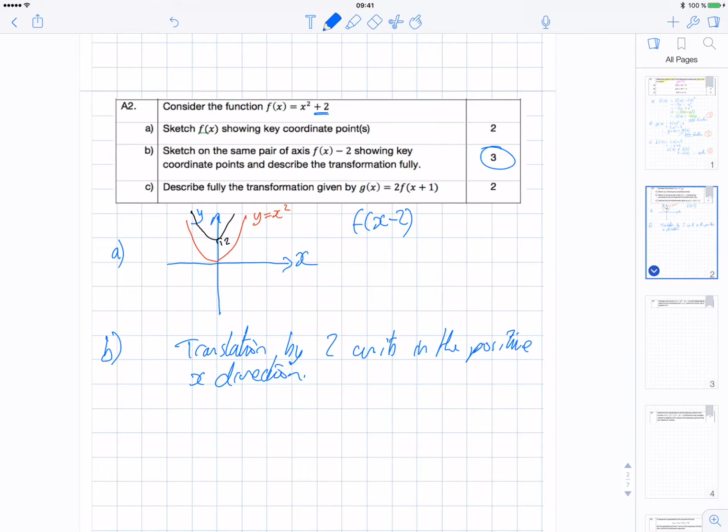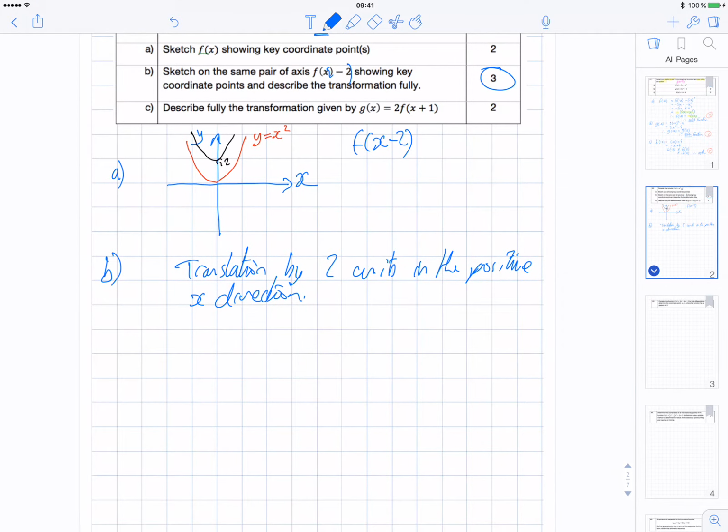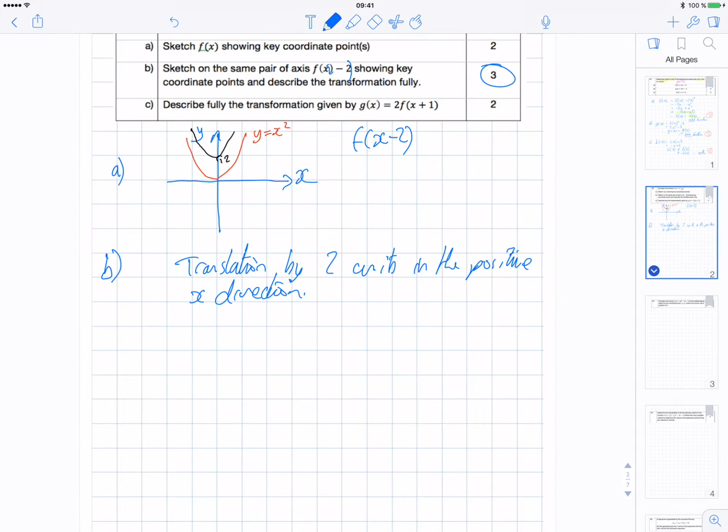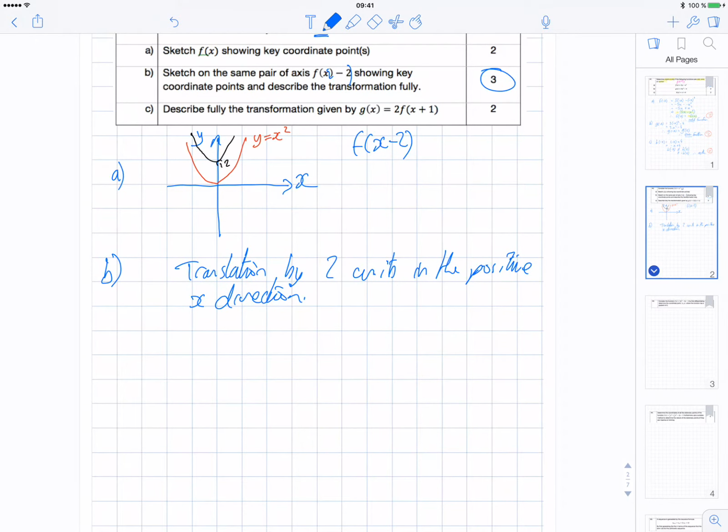I just had the bracket in the wrong place. The bracket should have gone there rather than there. I'm going to take this into account when I'm marking your paper, okay? It's meant to be on the same axis, and we should have x minus 2, so it's going to be over here, okay? And this point here is going to be at 2, 2.